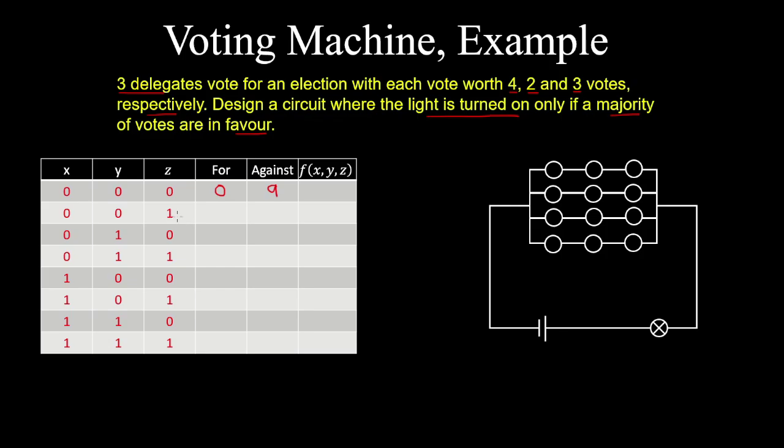And here the third delegate votes in favour, so his votes are worth 3, and therefore out of the 9, 6 votes are against. And here we have 0, 1, 0, so the second delegate votes in favour, and his votes are worth 2, so therefore 7 votes are against, and so on.